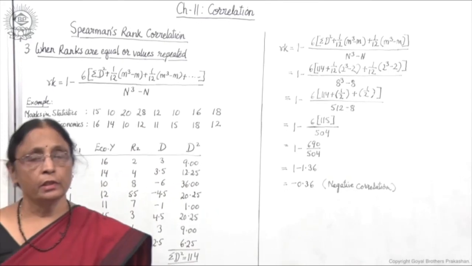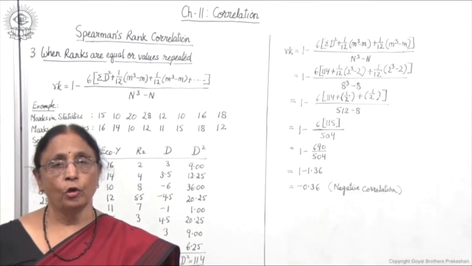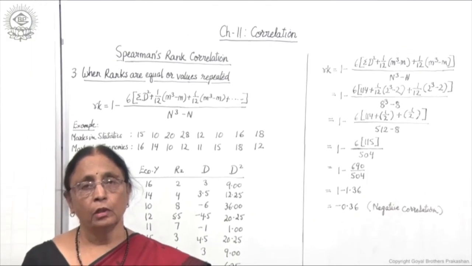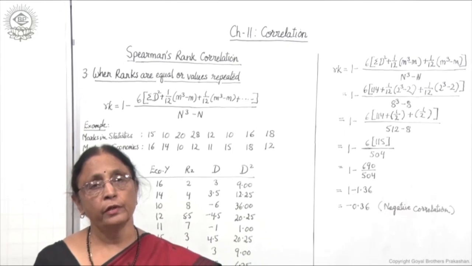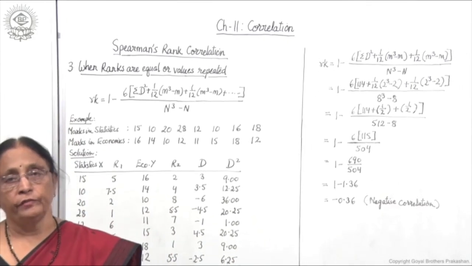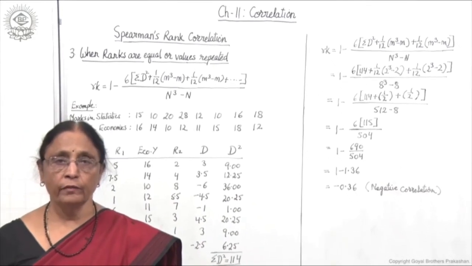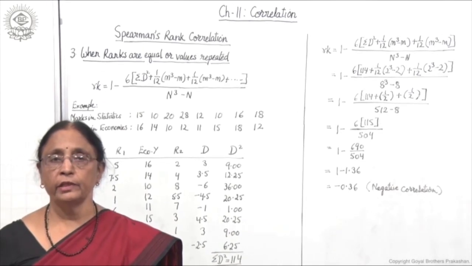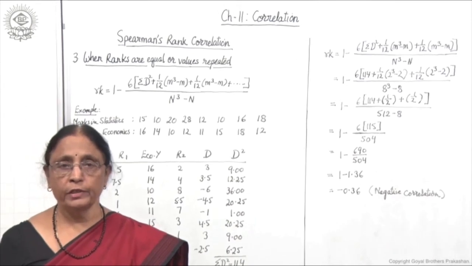That means the ranks of maybe two people or two participants are equal, or the values are repeated, right? If the scores or marks are given, they are repeated, or if ranks are given, then the same rank is given to two participants.